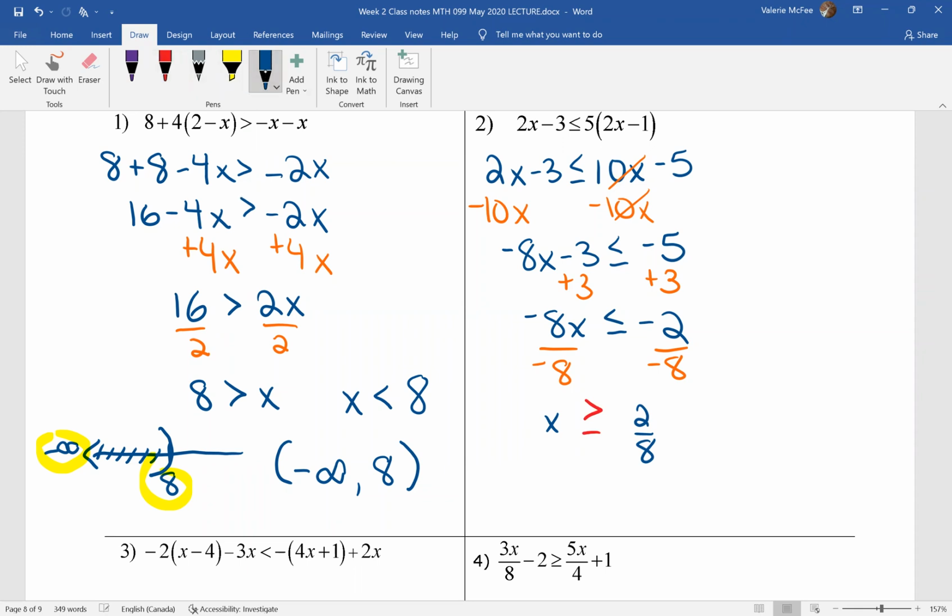And of course, we can simplify that fraction. X is greater than or equal to 1/4.